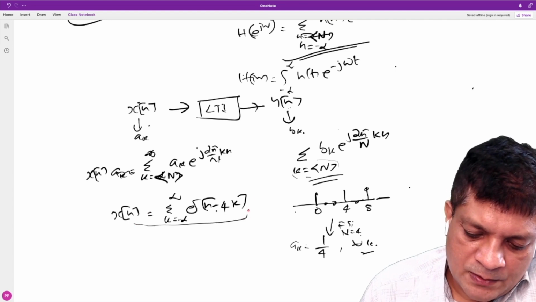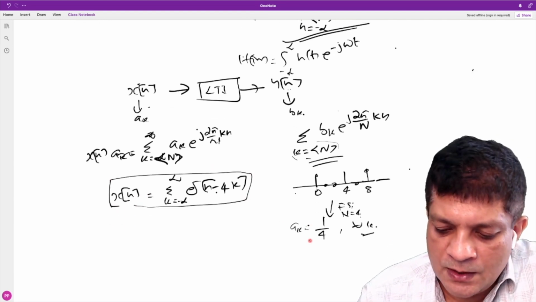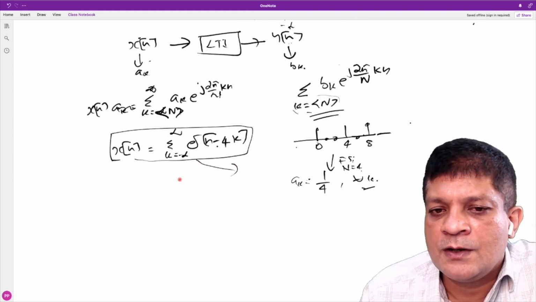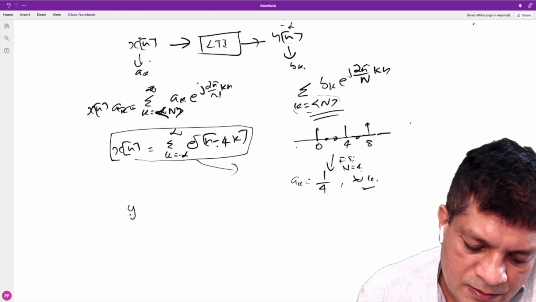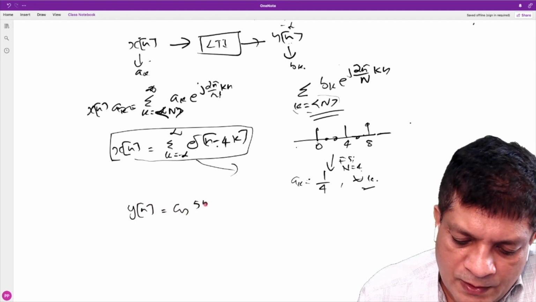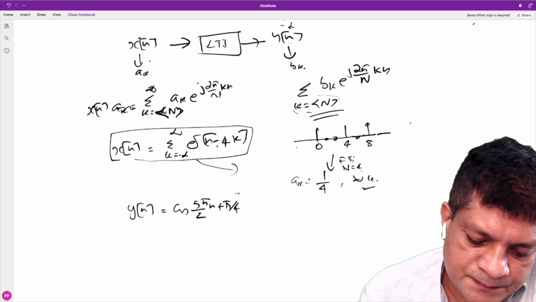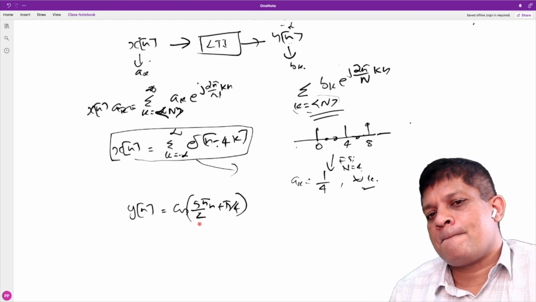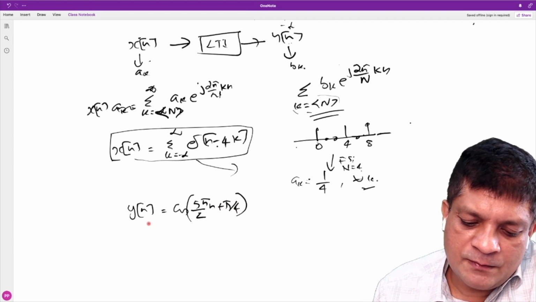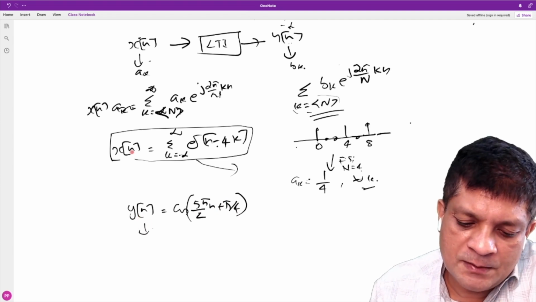So now we know the Fourier series coefficients of the input signal. Now it is given that if you give this as the input signal, the output y[n] is cos(5 pi by 2 n plus pi by 4). This is given. Now what is this y[n]? What are the Fourier series coefficients of y[n] in terms of x[n]?